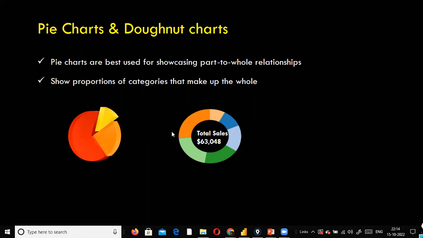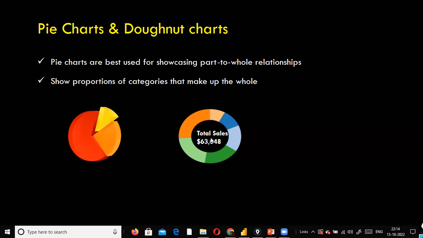And what are the other things you should be aware of? When you add up each slice's values of the donut chart, the values must add up to 100%. The same is applicable here. And if you have too many categories, it is difficult to read and interpret in both cases.